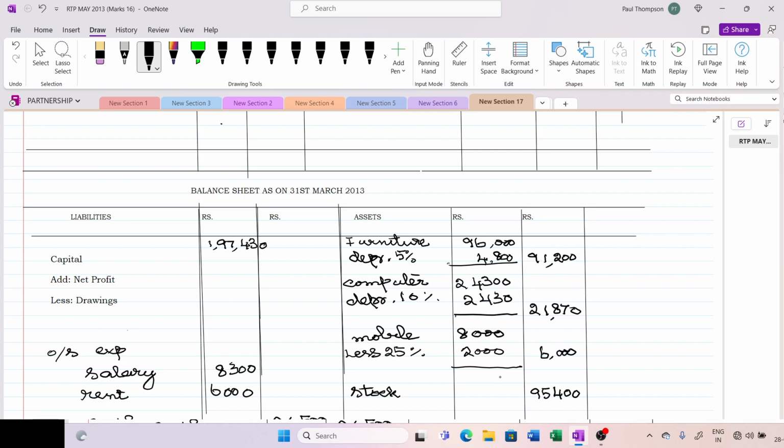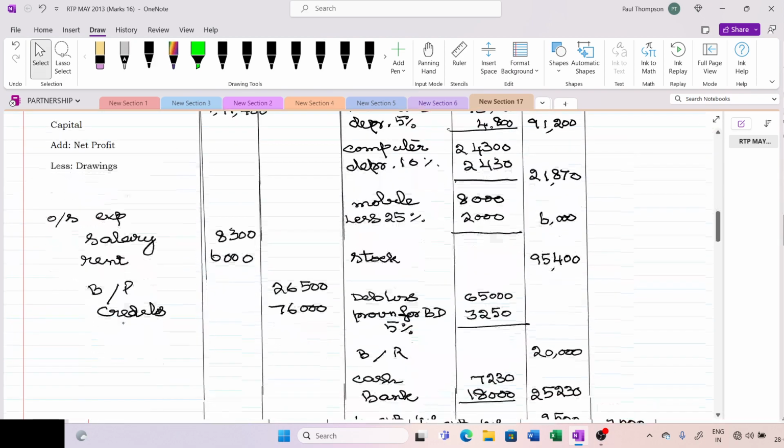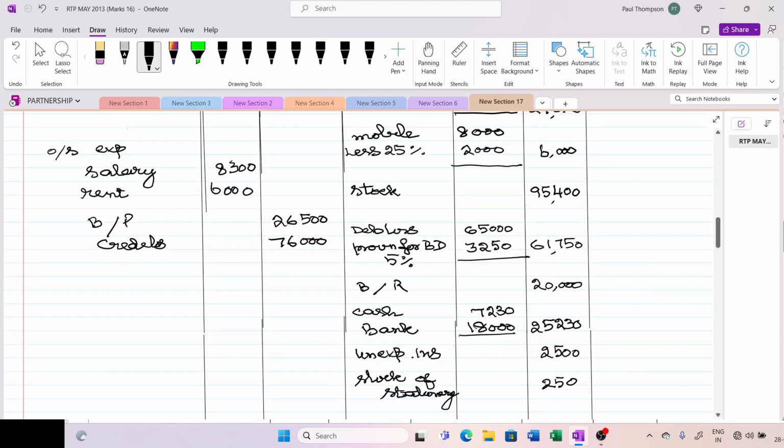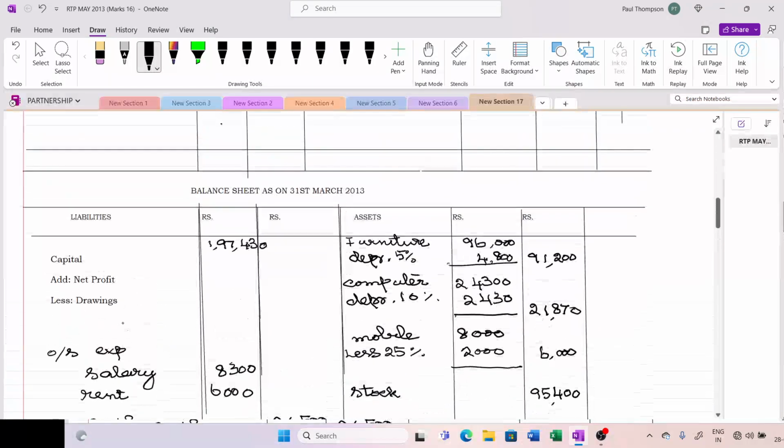Closing stock 95,400. Then comes 61,750. Okay, 20,000 bills receivable, 25,030 is our total cash and bank, and 2,500 unexpired insurance and stationery 250. Okay, and this side also we have posted everything.